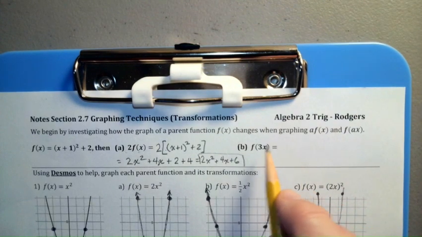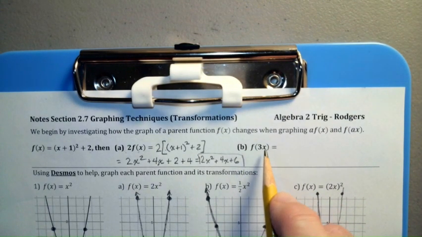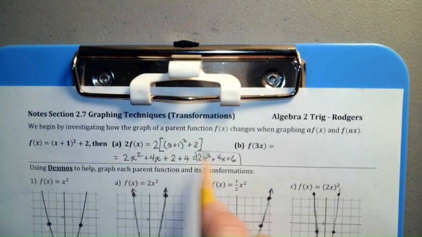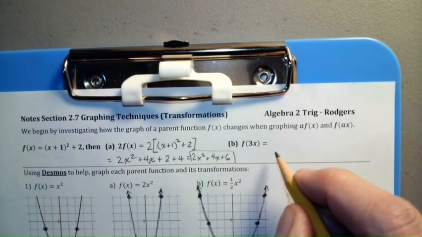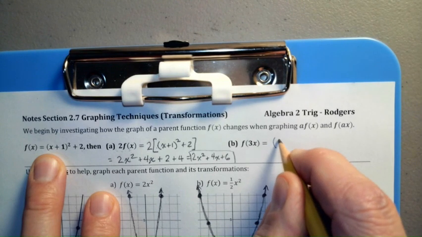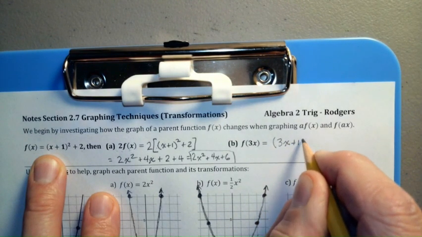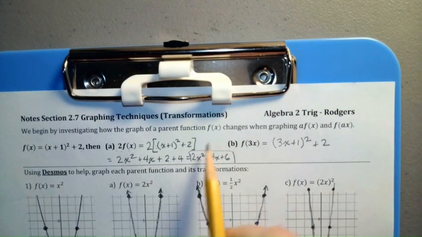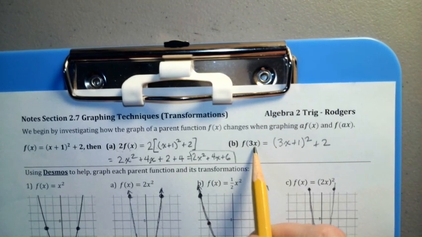All right, now that's going to be slightly different than if we have f of 3x. This isn't 3f of x like this kind of was. Now we're multiplying the x by the 3. And so what would that give us? We're using the same function again. Now that's going to be (3x plus 1) quantity squared plus 2, because now instead of x, we're putting 3x in its place.